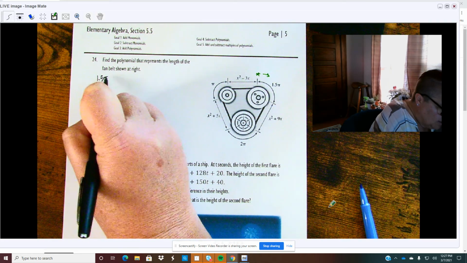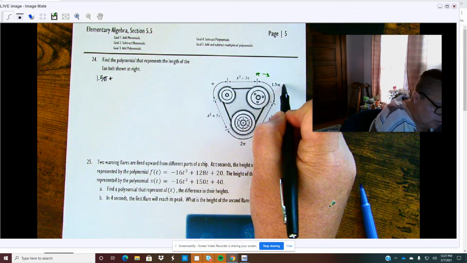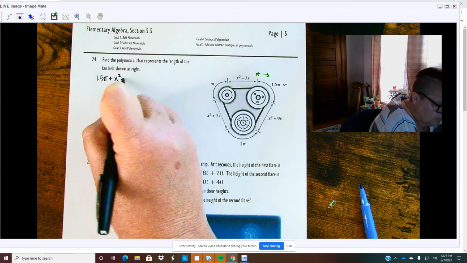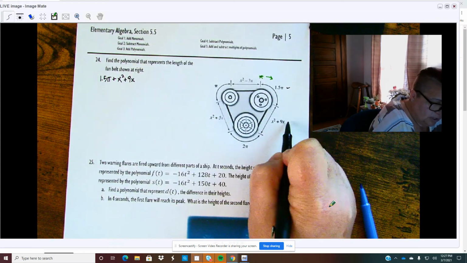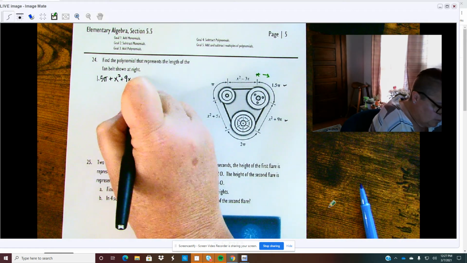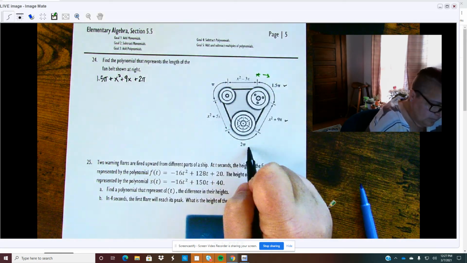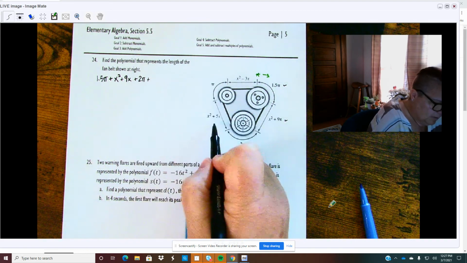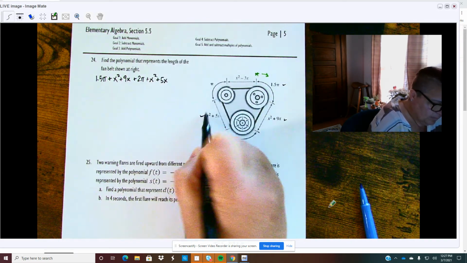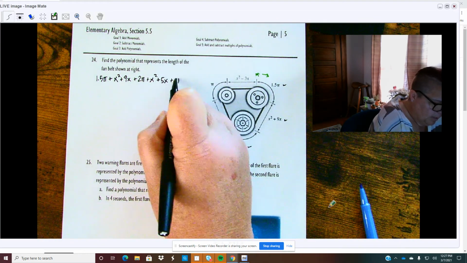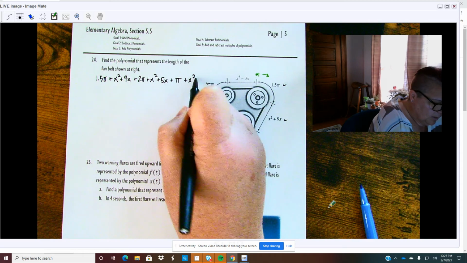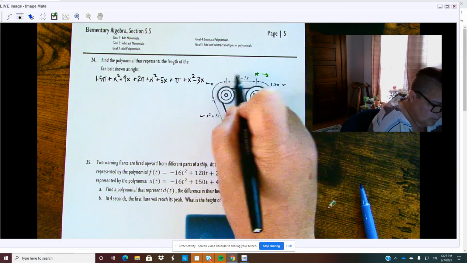So I'm going to do 1.5 pi plus, and I'm just going to put a check mark there, x squared plus 9x, and I'm going to put a little check mark there. That's just to show that I've written it down. Plus 2 pi's plus x squared plus 5x plus another pi here plus x squared minus 3x.